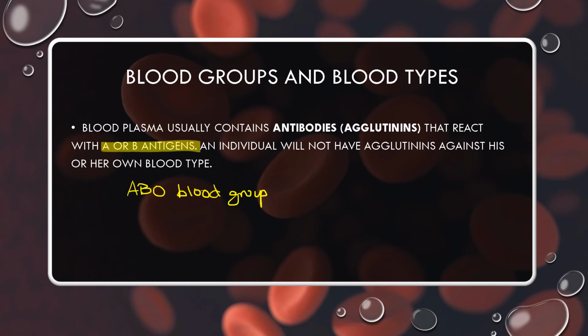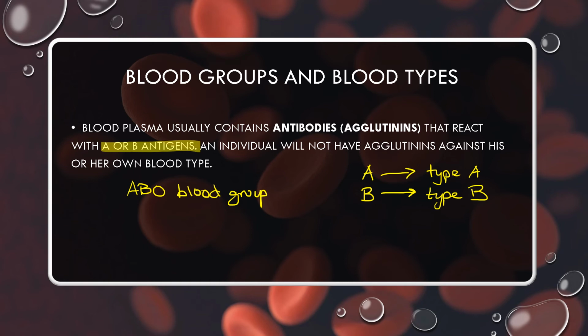Now, people who have red blood cells that display only antigen A will have type A blood. So if they display antigen A on their red blood cells, they'll have type A blood. Those who only have B antigens on their red blood cells will have type B blood.